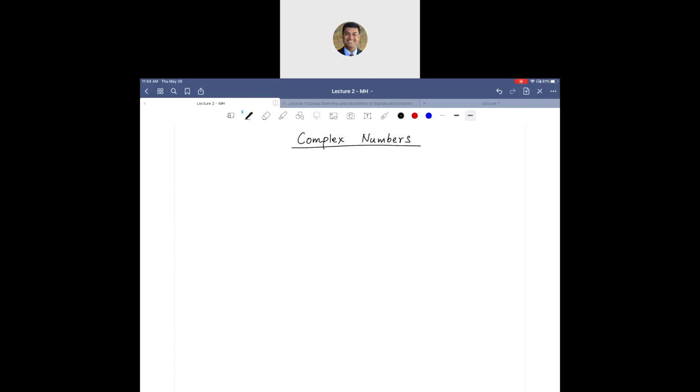There's a 5-page document, but there is one thing that I've seen many students make a mistake on, which is why I'm going to address it right now. It is about the phase of complex numbers and how it depends on the quadrant the complex number lies in.